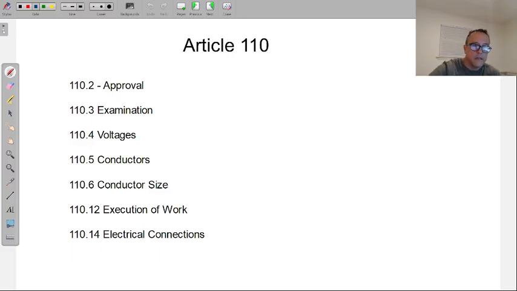We do make a nice little jump into execution of work and into electrical connections at 110.14. Now, hopefully we can get all the way into electrical connections and at least end there. That way, tomorrow we can start on unpacking that a little bit, because it takes us into a completely different code section. I think we can get there.